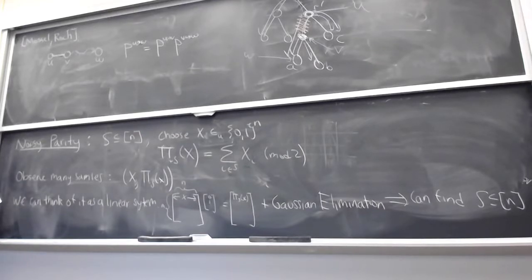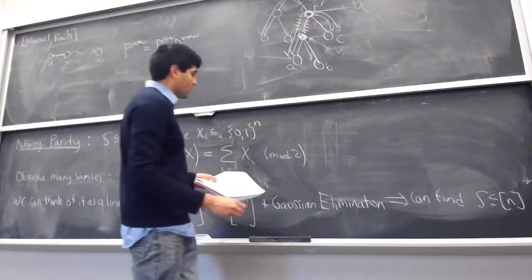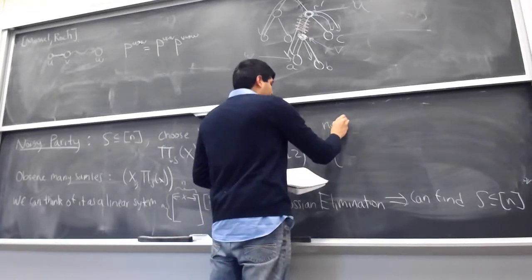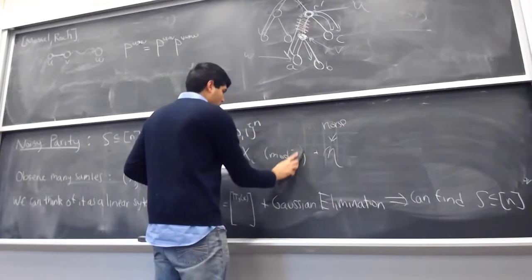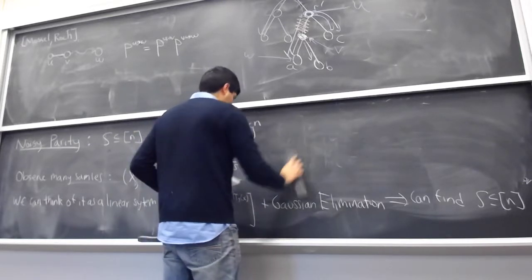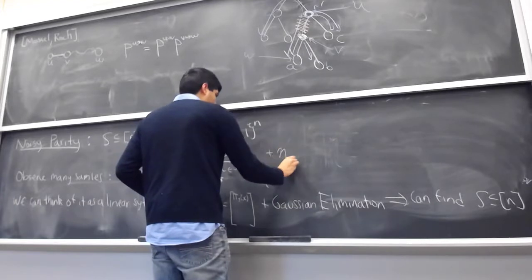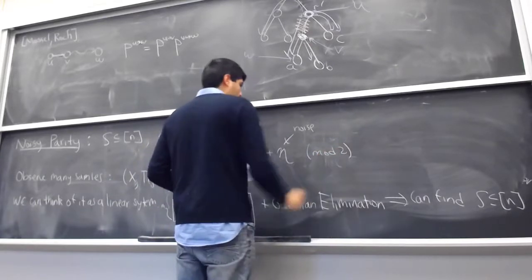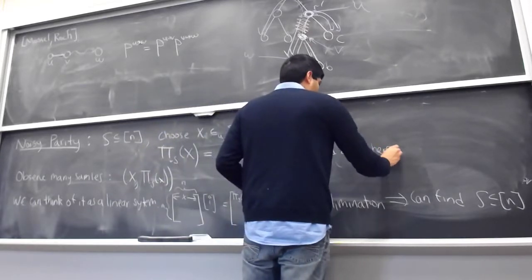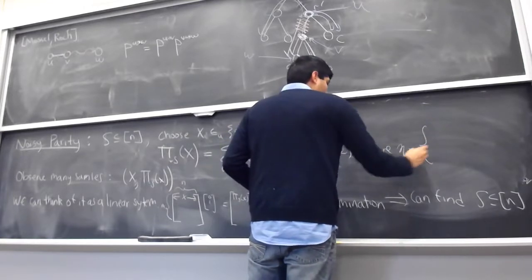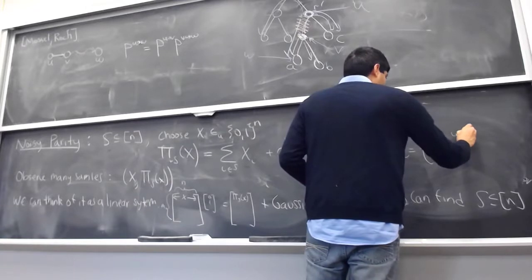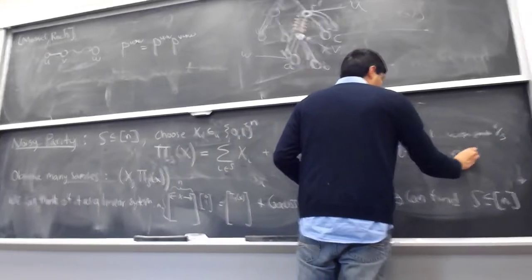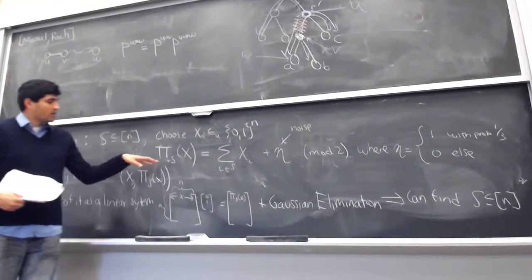So the noisy parity problem is going to be a slight variant of this, where we add some noise term. The way to think about it is we're still going to get some observation.